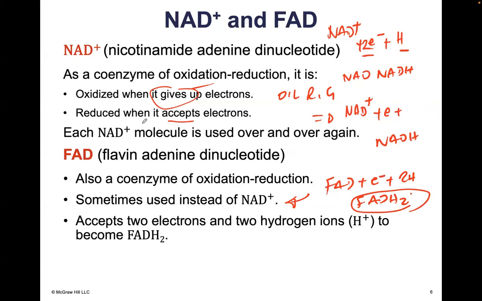But in most cases, NAD is preferably used over FAD because it can be reused. Every time you use it in the system, it can be reused over and over again. So this is why you have to make more of these in the system, and this is preferably used in a process than FAD.